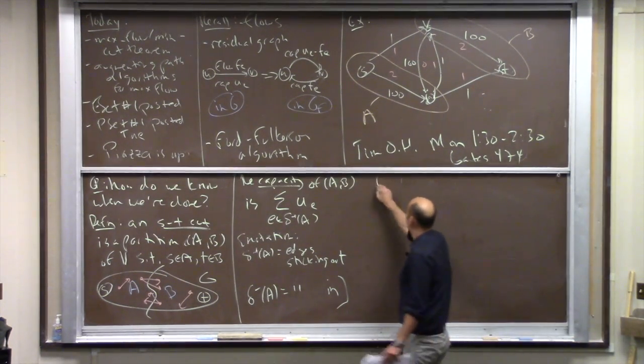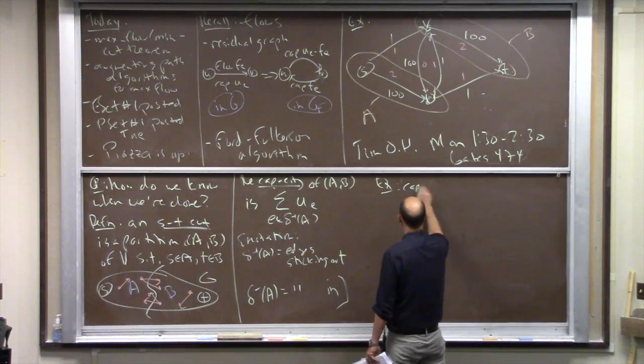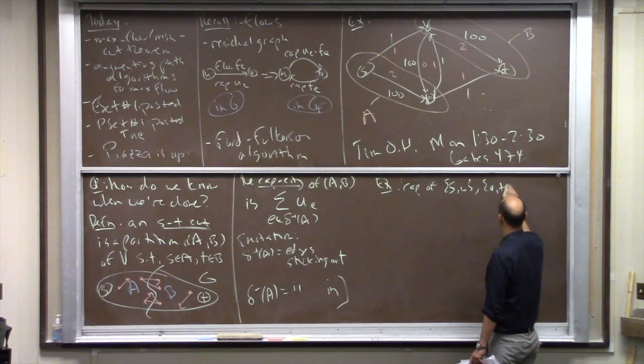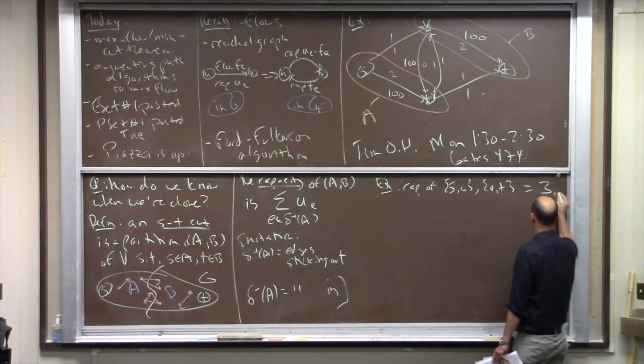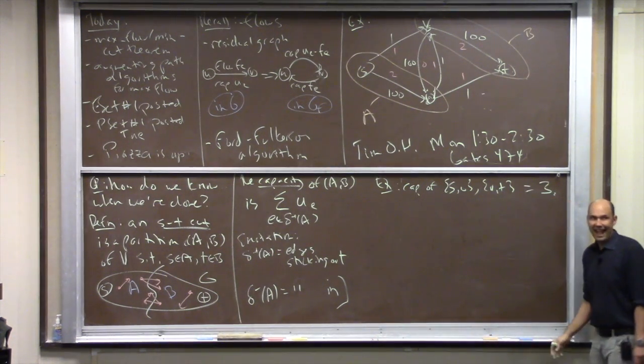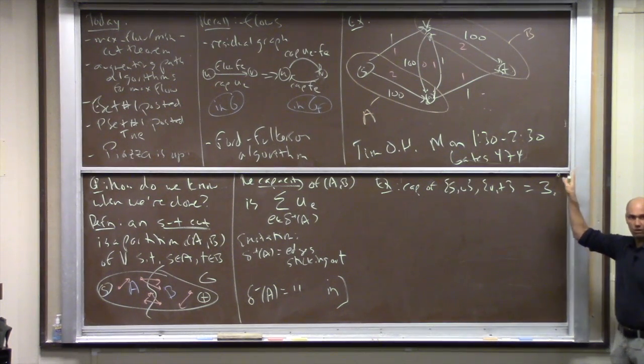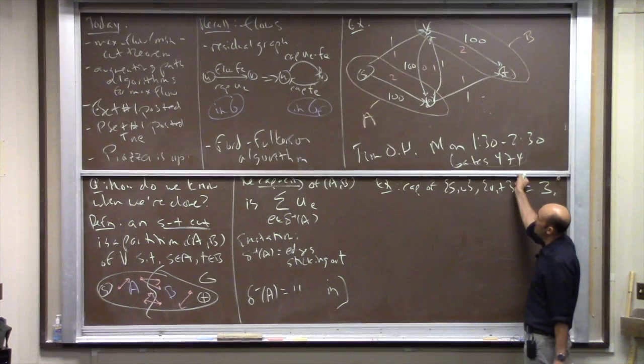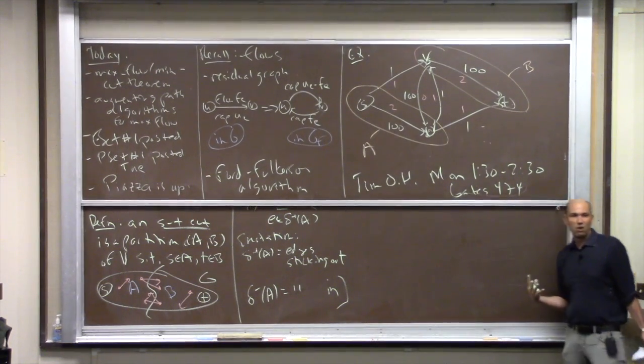So example: capacity of {S,W},{V,T} equals 3. Okay? It's not an accident that that's the same value as that flow. More on that in a second. All right. So I should say other cuts in this graph have much larger capacity.